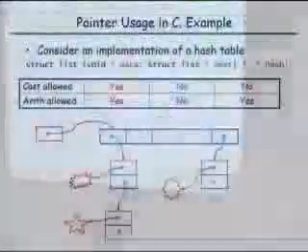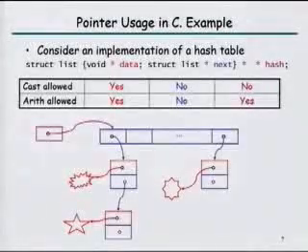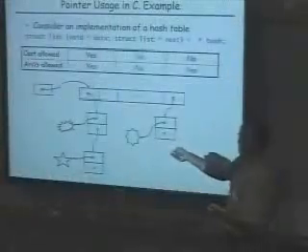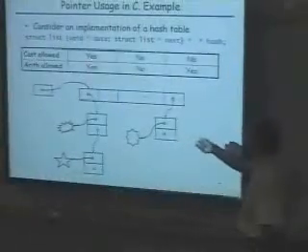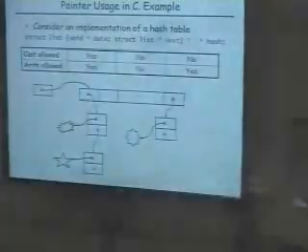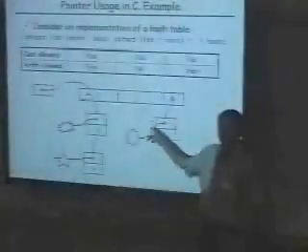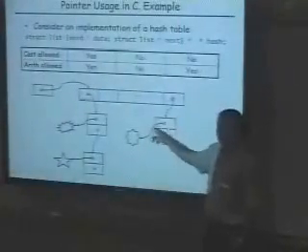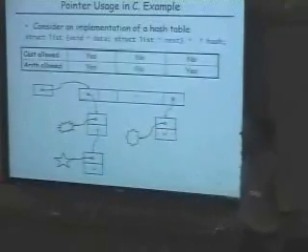So in fact, CCured classifies pointers according to these 2 dimensions, essentially. Can you cast them? And can you do arithmetic on them? If the answer is yes to both, you have the most powerful kind of pointer, which is the wild pointer. But the point is that you need to use it rarely, and we'll add some runtime checks to make sure you use it correctly.